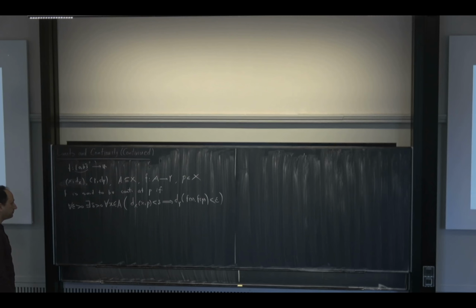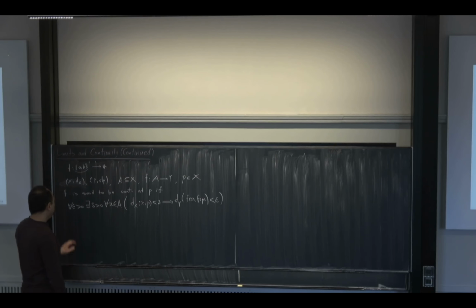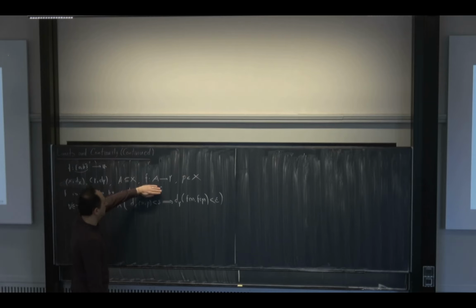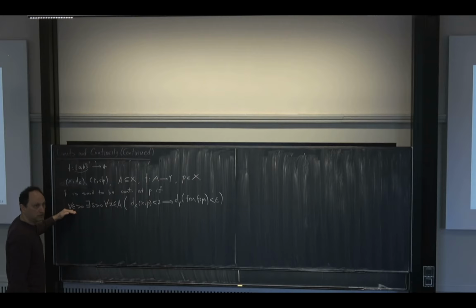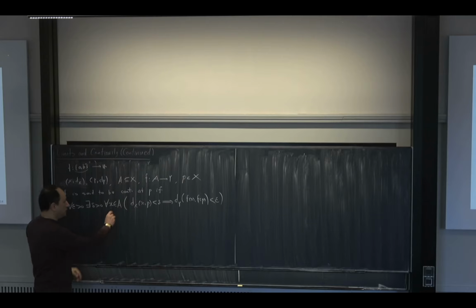But now, if I want to tell you f is said to be continuous, if I want to take it off, can you fix it for me? Okay, because I want to clean this one now. This was the usual definition.